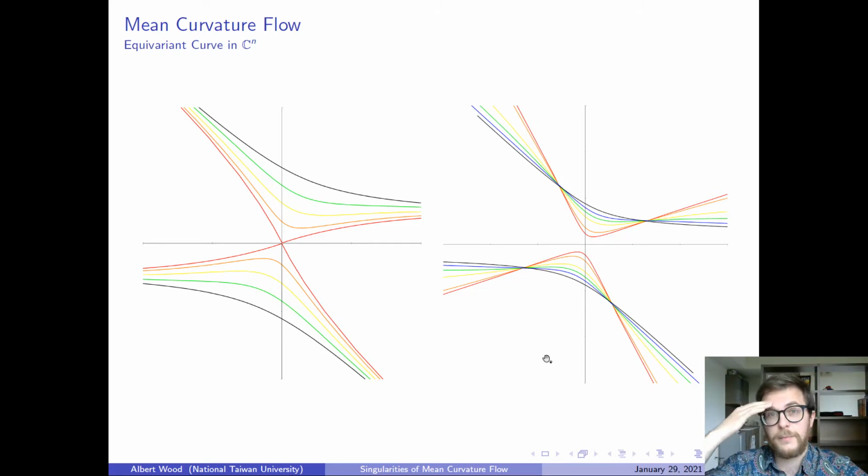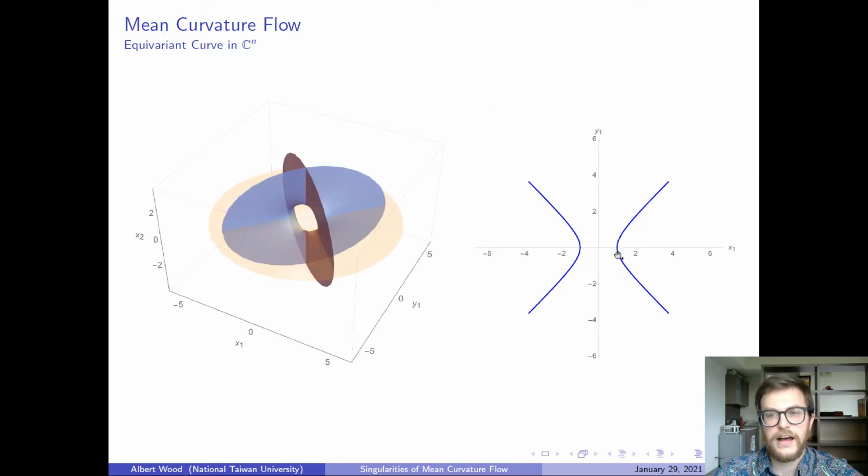If we view the actual submanifold, this is a pair of n-dimensional planes in C^n. And if we perform the type 2 rescaling, focusing in on a point of highest curvature, which will be right on the tip here, then instead we end up getting this minimal equivariant submanifold known as the Lawlor neck.